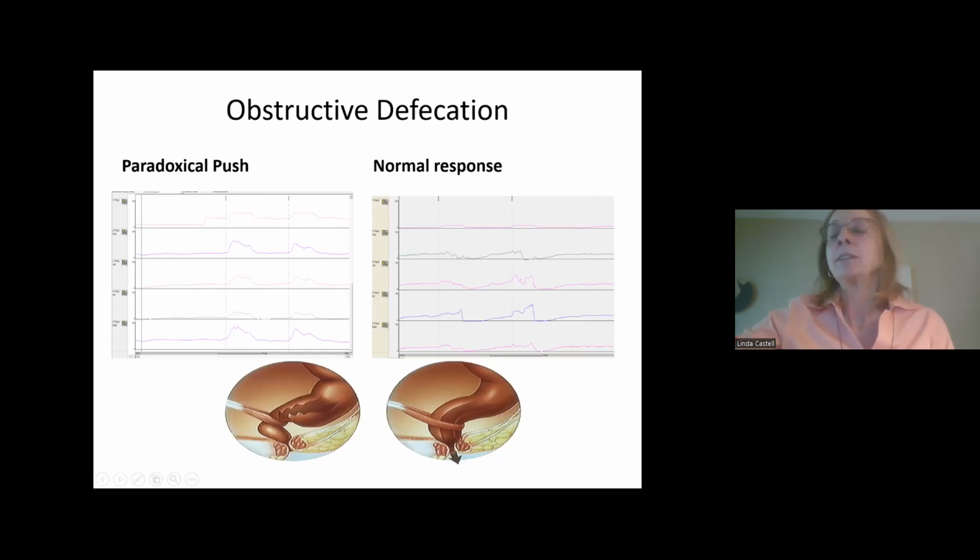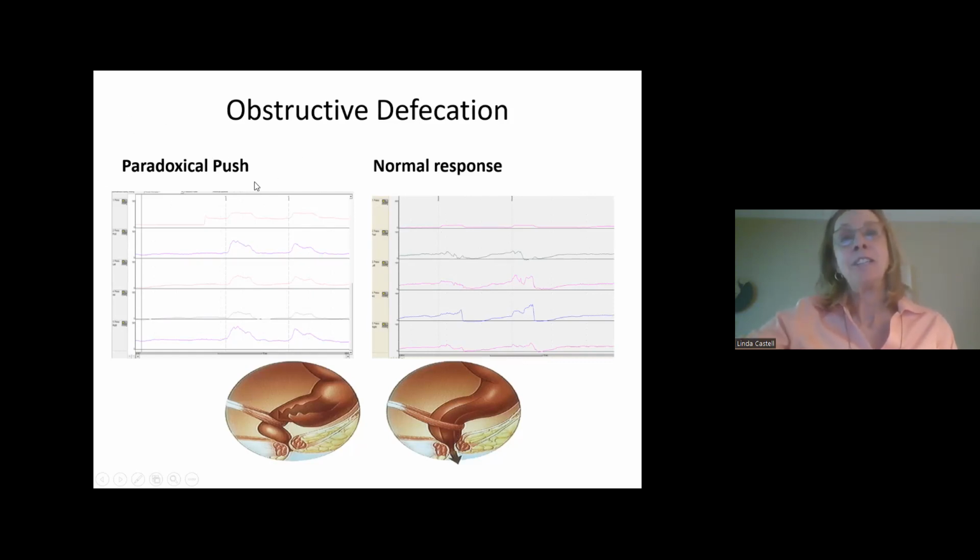But the puborectalis muscle and the external anal sphincter should relax to allow that stool to come down. So when they're pushing, the puborectalis muscle lengthens, and our rectoanal canal opens up. That angle opens up.